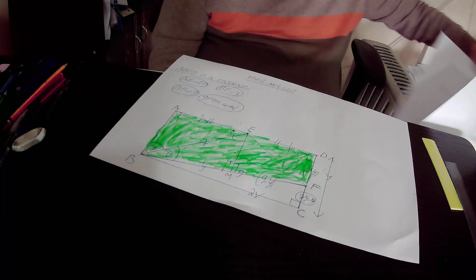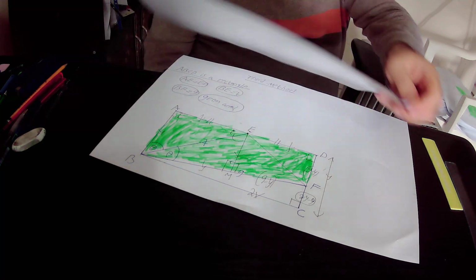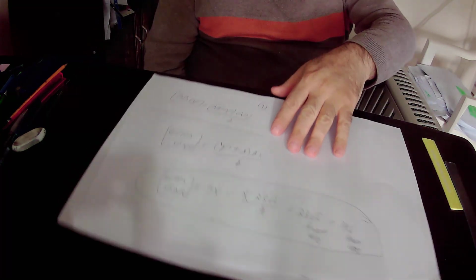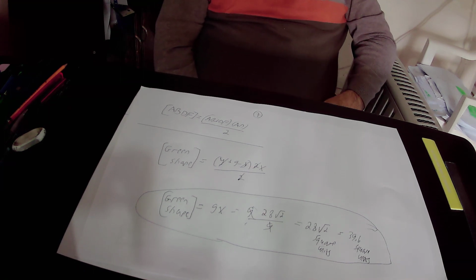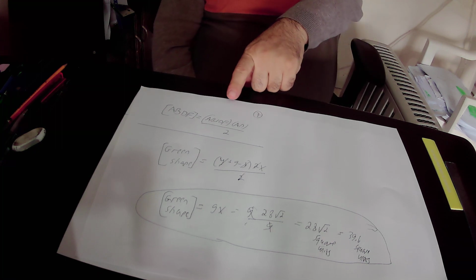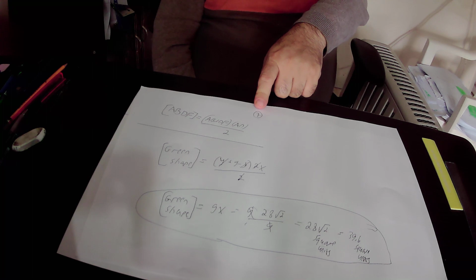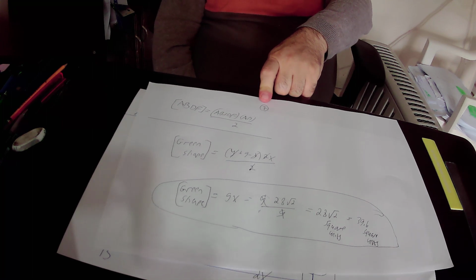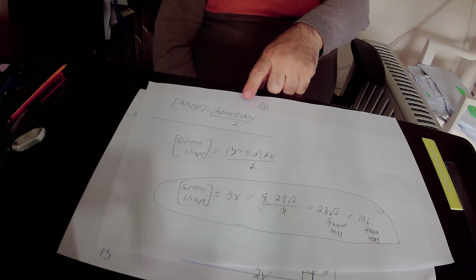Okay, then we found the area of trapezoid ABDF, which is also the area of the green shape. It equals the sum of its parallel sides, that is AB plus DF, times the height AD, over 2. AB is y, DF is 9 minus y, and AD is x.